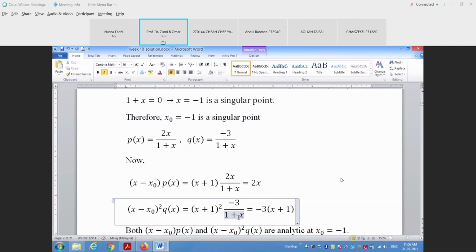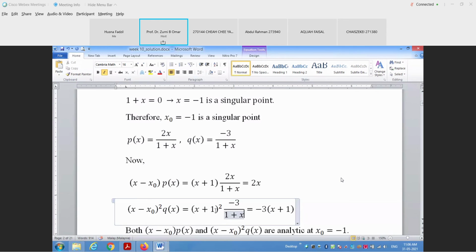Again, we can cancel this: x plus 1 squared divided by 1 plus x. 1 plus x is equal to x plus 1, they are the same, so you just arrange the order. This one is power 1, this is power 2, so it will reduce to x plus 1.